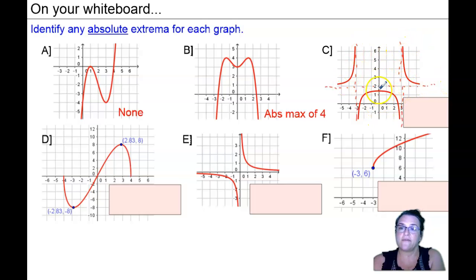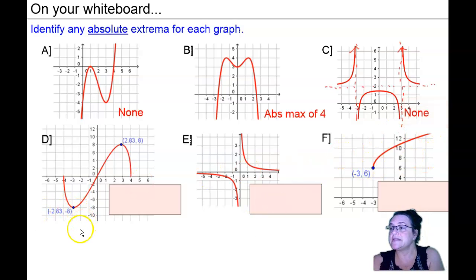So this graph only has relative extrema. There's a relative maximum here at 1.5, but it's not the highest point on the graph because these curves are extending up forever towards that vertical asymptote, and so this graph has no absolute extrema.